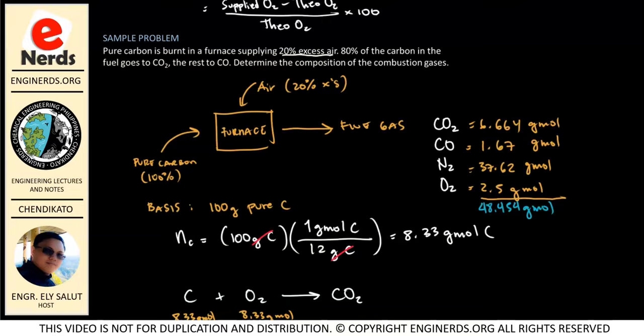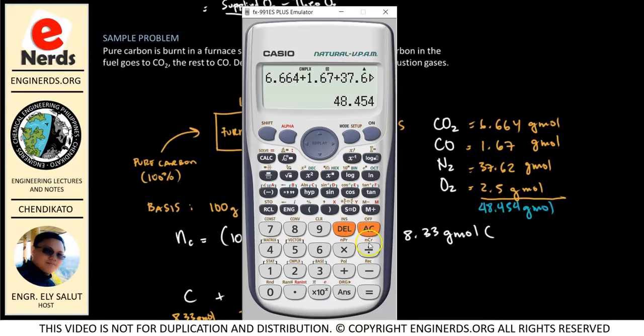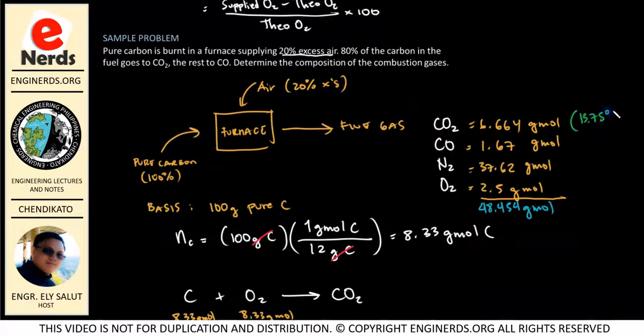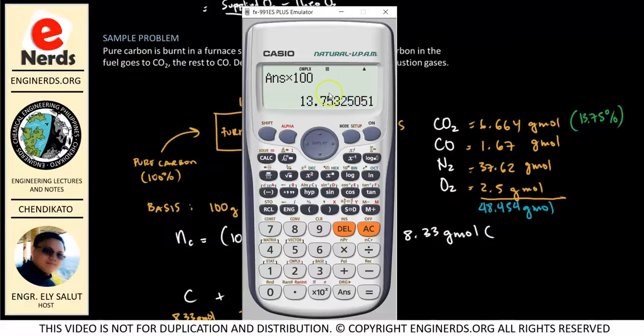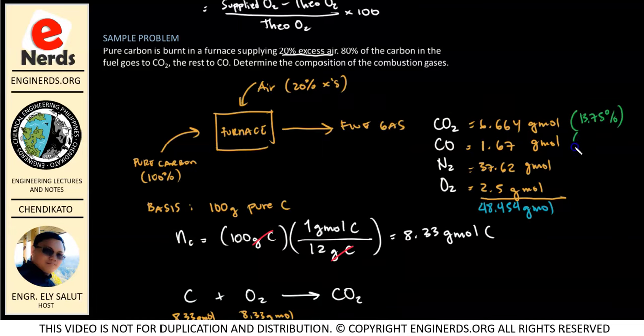Okay? So, kunin natin yung percentage ng bawat isang component natin, no? So, I'll write that in green para mas madali. So, unahin natin yung CO2. Gaano karaming CO2? 6.664 divided by 48.454 times 100, 13.75%. Okay, so, ang atin namang carbon monoxide, 1.67 divided by 48.454 times 100, 3.44%.